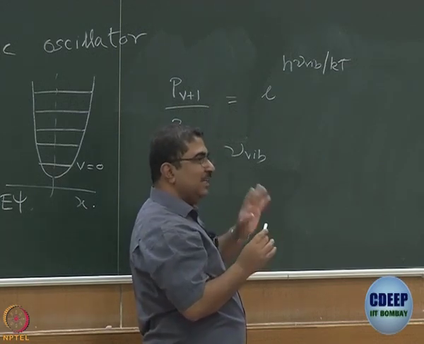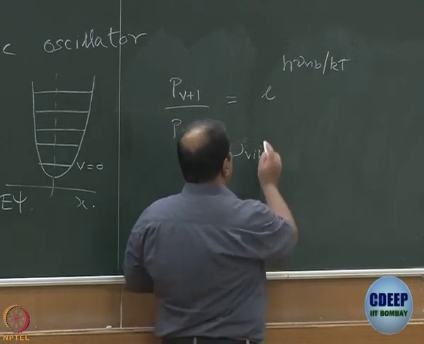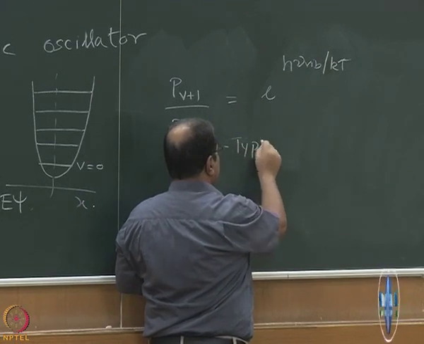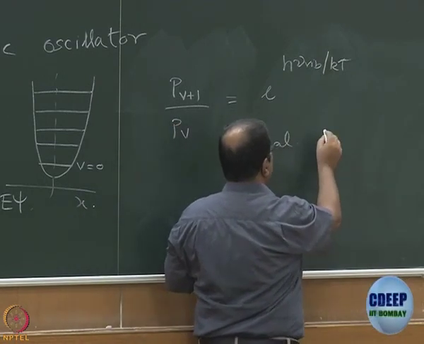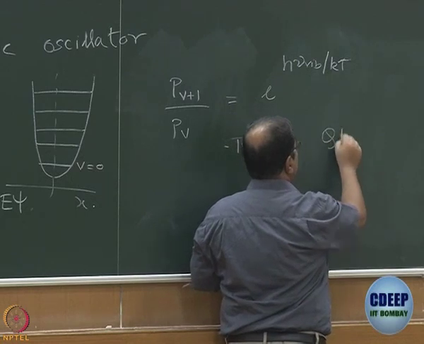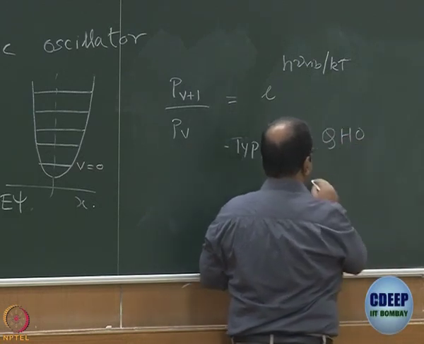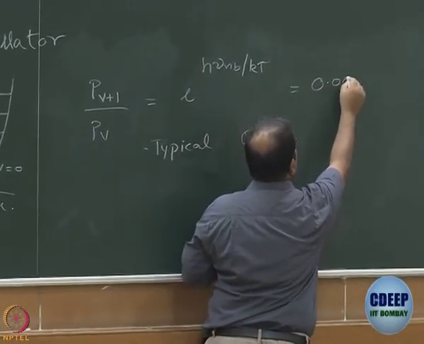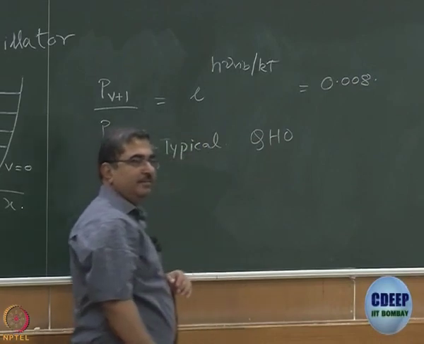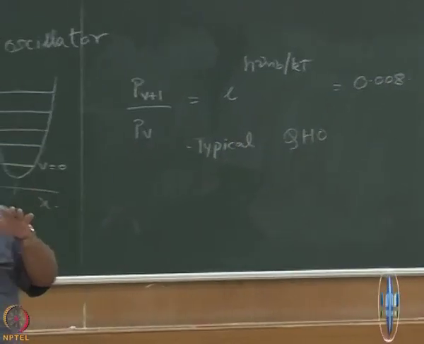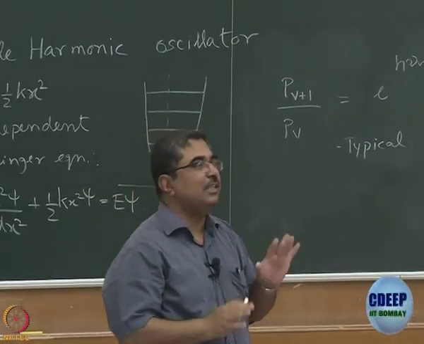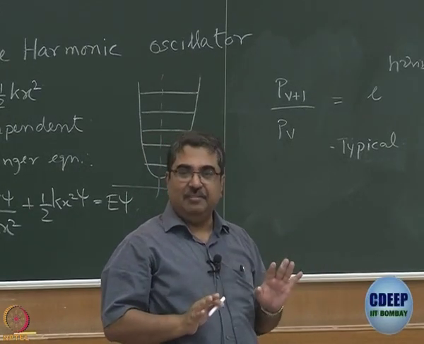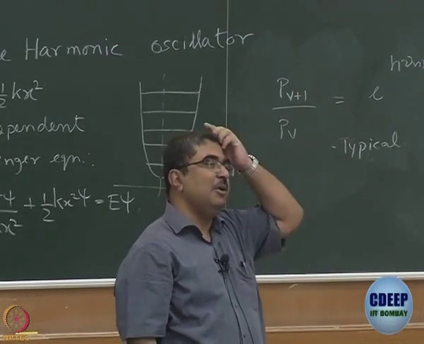So, for typical vibrational levels, let us say a typical quantum harmonic oscillator, this ratio turns out to be something like 0.008. Well, I am using an energy gap, the wave number equivalent of which is 1000 centimeter inverse, and I am using a temperature of 300 Kelvin. If I use those numbers, the ratio becomes 0.008.